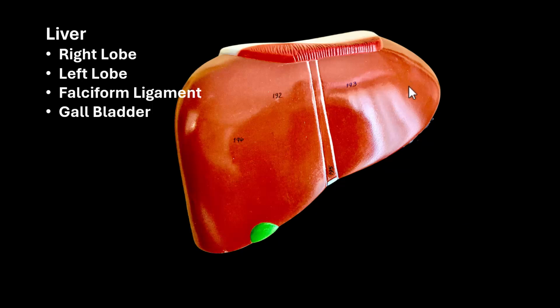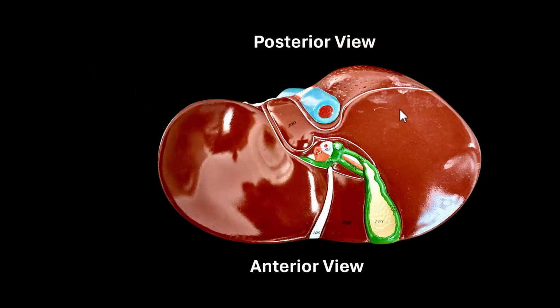So let's take this and flip it from right to left. This is what we're going to see, and then tip it downward so we can look underneath. And so this is our posterior view. Matter of fact, this is the inferior vena cava that the liver is wrapping around. And then this is the anterior or front view.